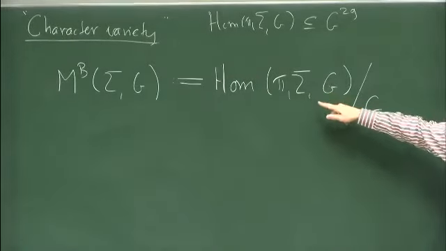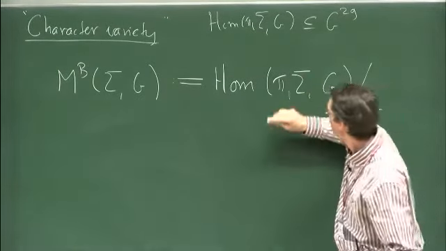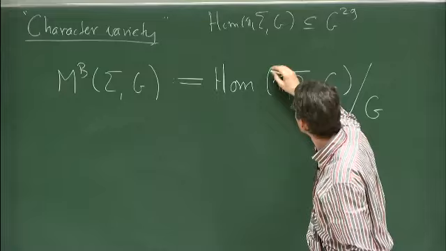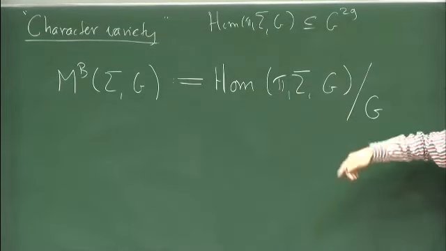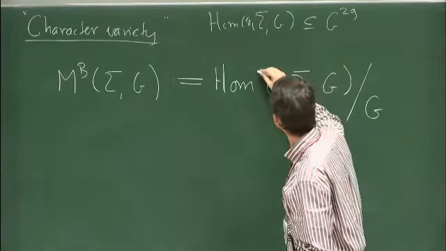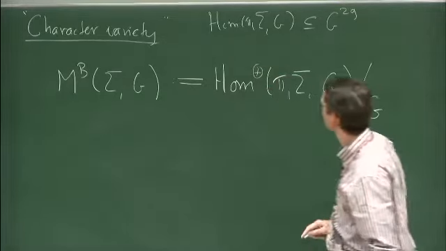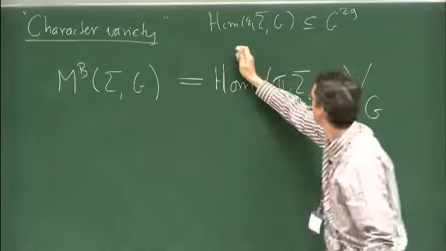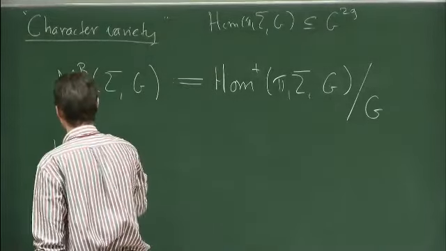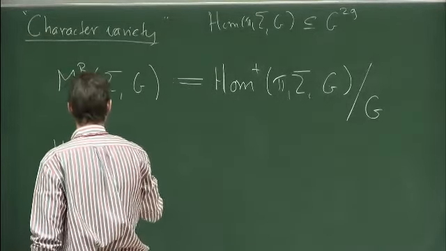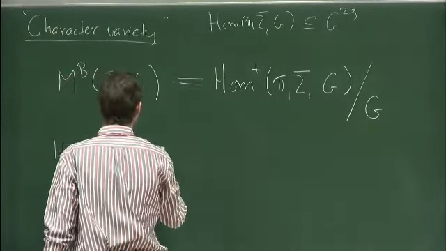There's a problem here with this quotient, of course, because you won't get a nice topology on this in general. So you should actually restrict here to what's called reductive representations. Let me put here a little plus, which is supposed to mean that we restrict to reductive representations.